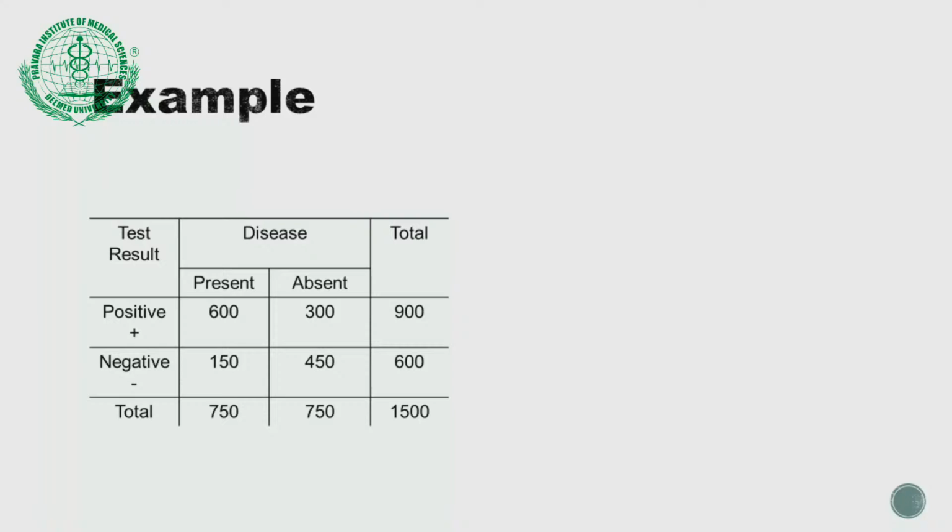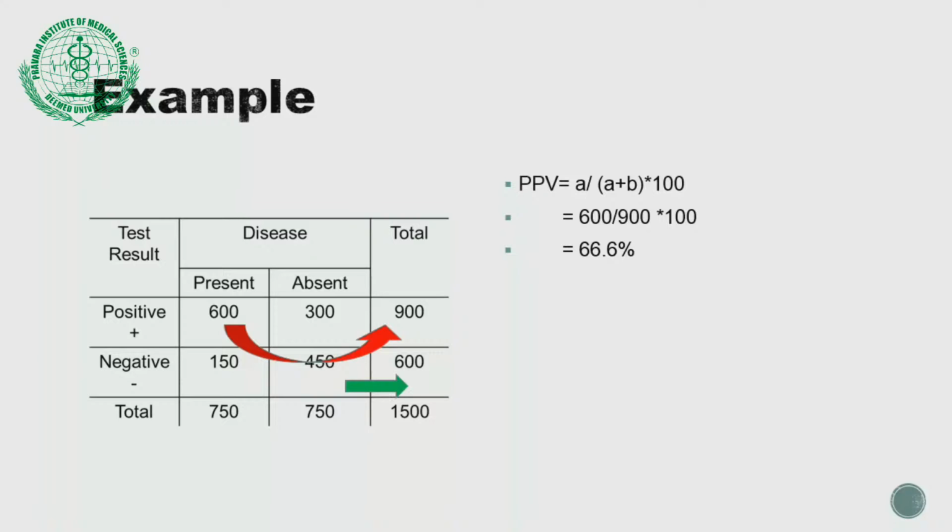Let us see the negative predictive values and positive predictive values with the help of the same example. For positive predictive value, we know the formula is A upon A plus B, that is shown by this arrow. So substituting the values, the answer will be 600 upon 900 into 100, which is 66.6%.